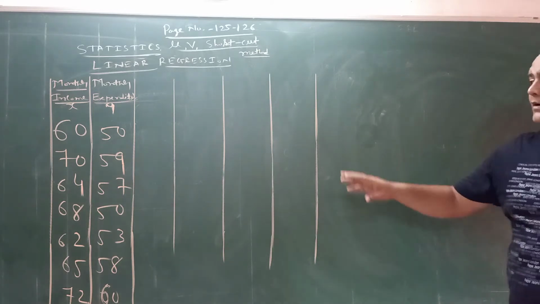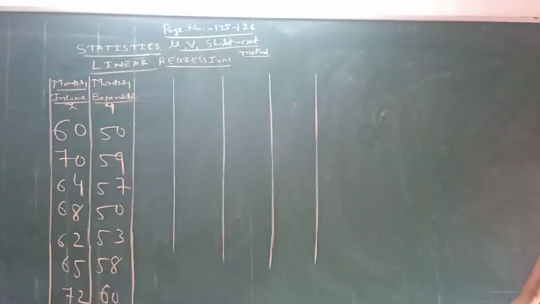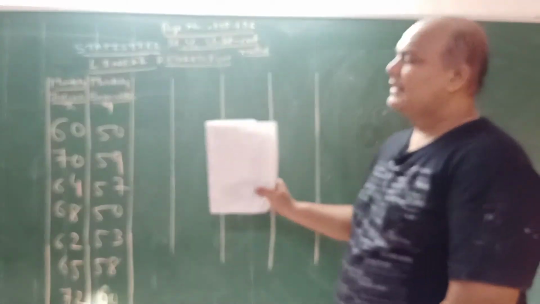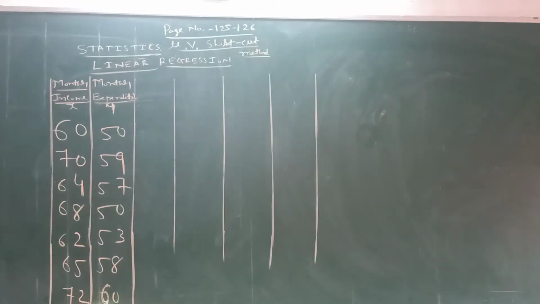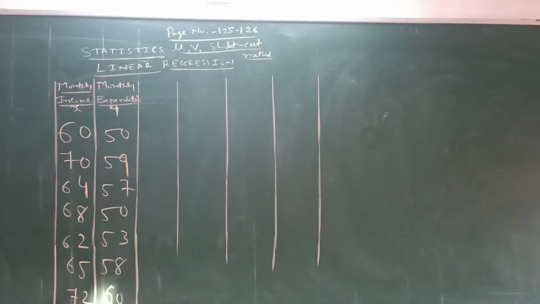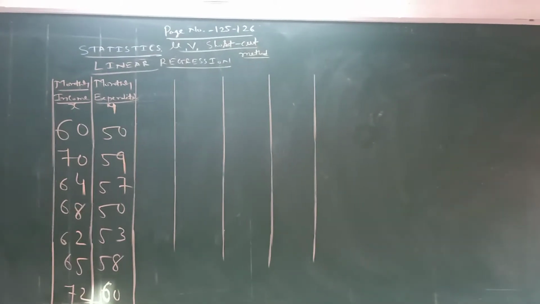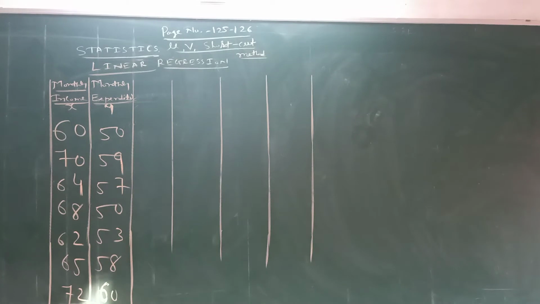See, all the digits are big. Big means more than 30. So there is no chance to apply the method of XY here because the digits are big. So we do not have to apply the XY method to solve this particular sum.